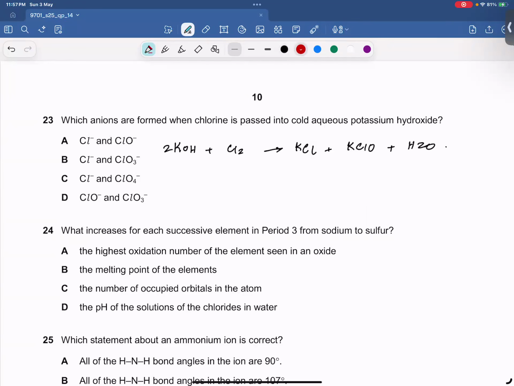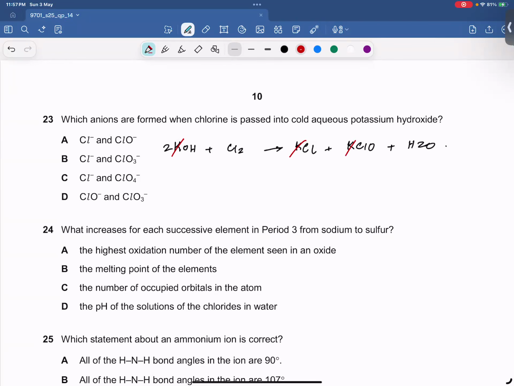Now spectator ions cancel out with each other. So my final equation is going to be 2OH⁻ + Cl2 → Cl⁻ + ClO⁻ + H2O. So this is correct. Right answer is A.